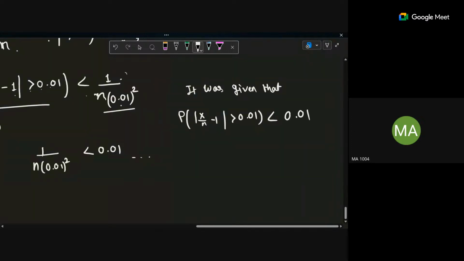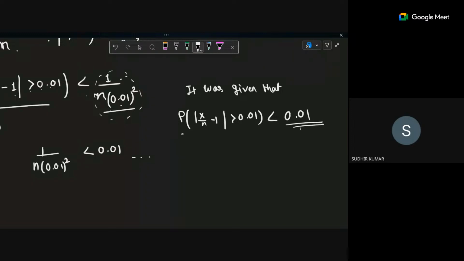So actually we were given this value, right? That this value is at max 0.01, right? That is the meaning of this inequality. So we are comparing this.